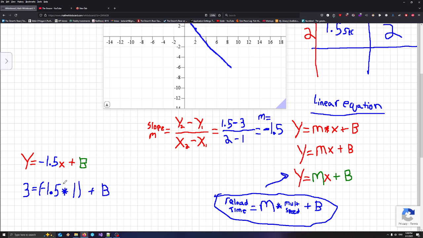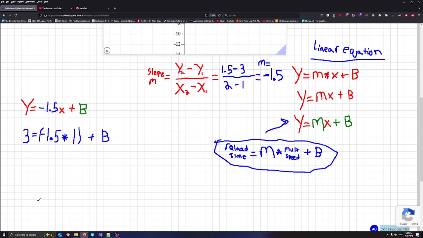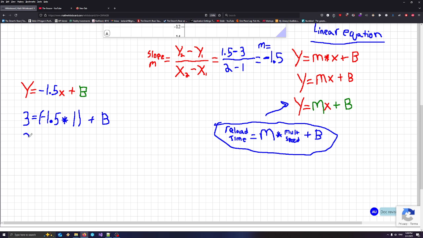And now we can solve these values. We will get 3 equals, anything times 1 is the same, so minus 1.5 plus b. And we can just add this over, 1.5 to the other side.